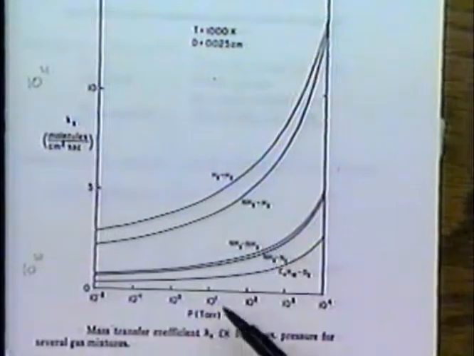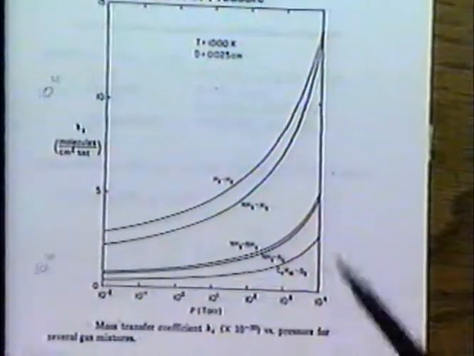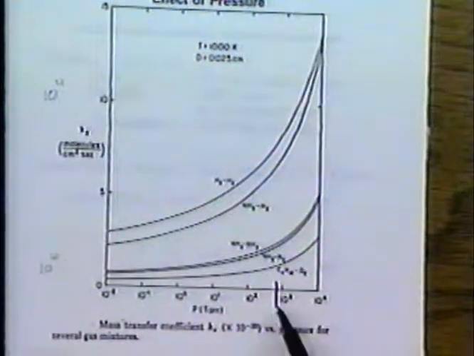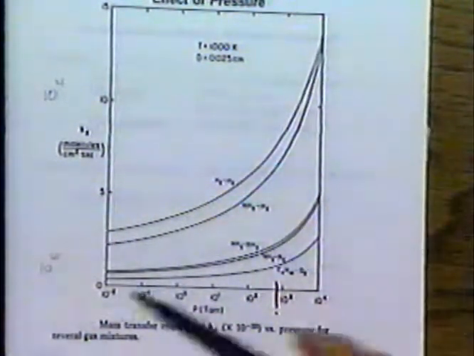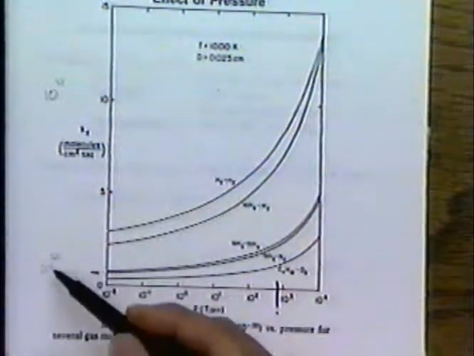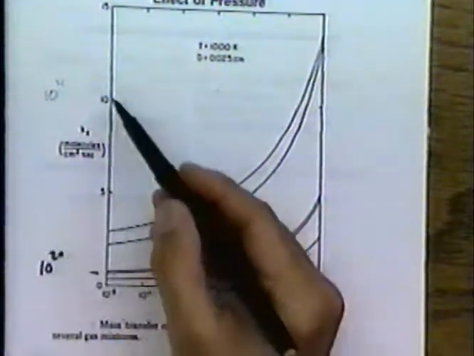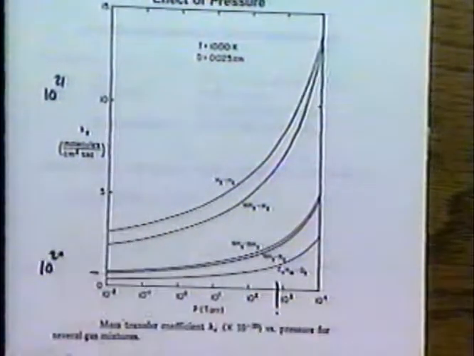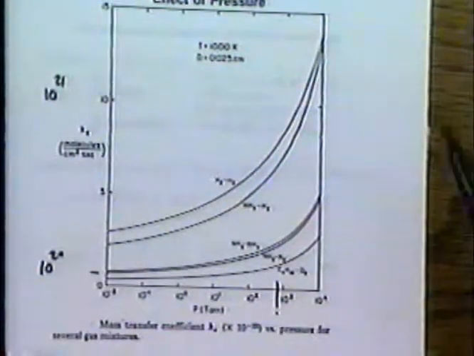And again, we have pressure in torr, so here is about 1 atmosphere. This will be like 10 atmospheres. And this here is about 10 to the 20. This is 10 to the 21 molecules per square centimeter per second.